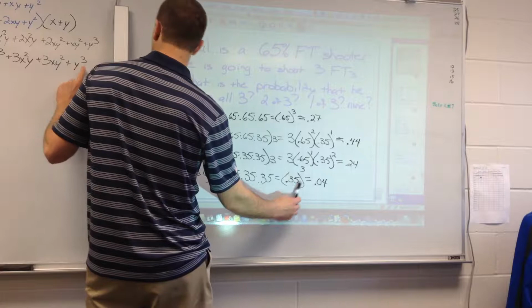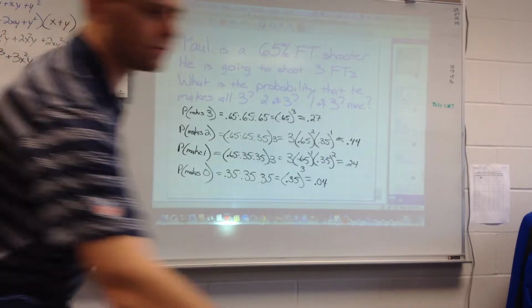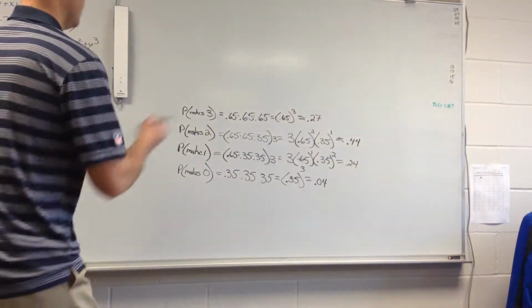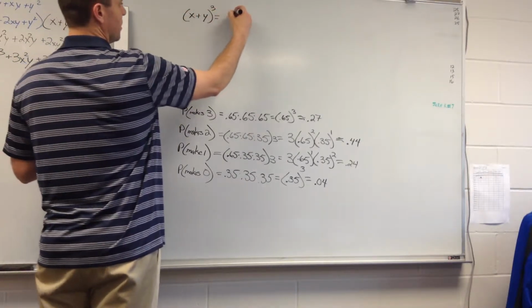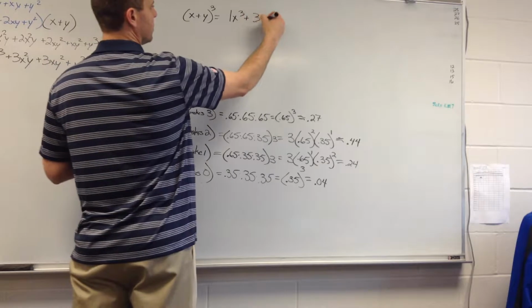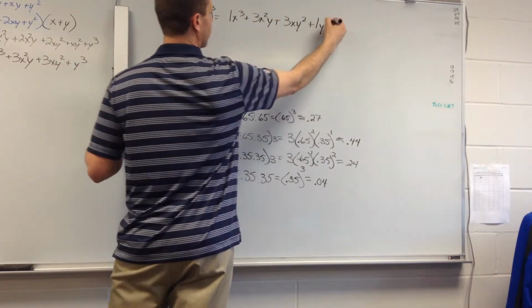And then the last one something to the 3rd. Okay? So really, what you have going on here is x plus y to the 3rd, where you did 1x cubed plus 3x squared y plus 3xy squared plus 1y cubed.